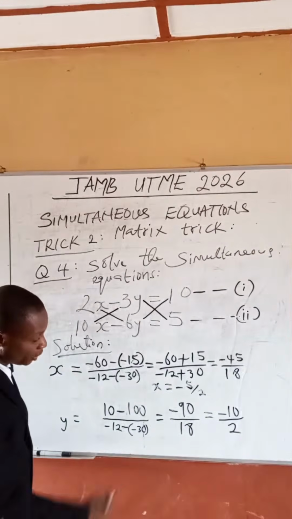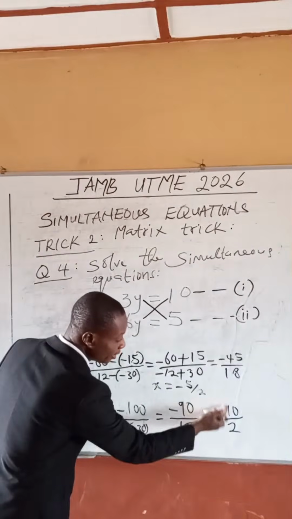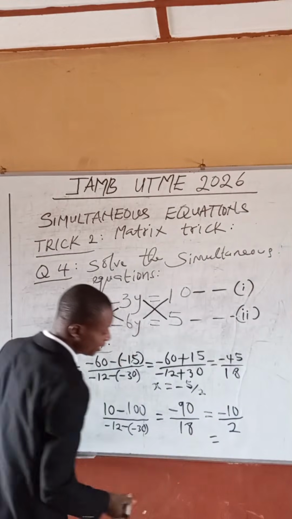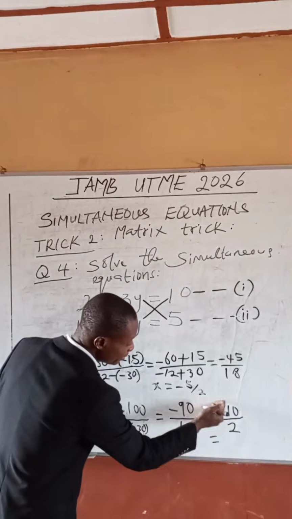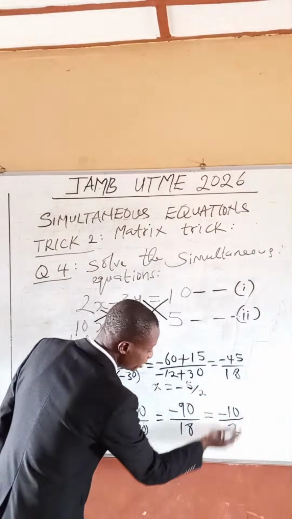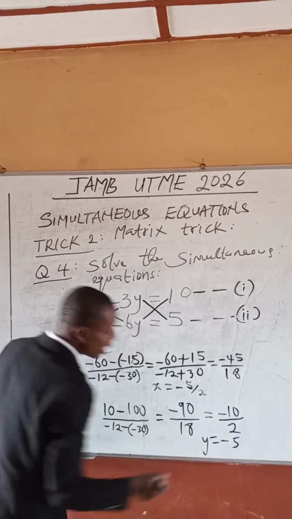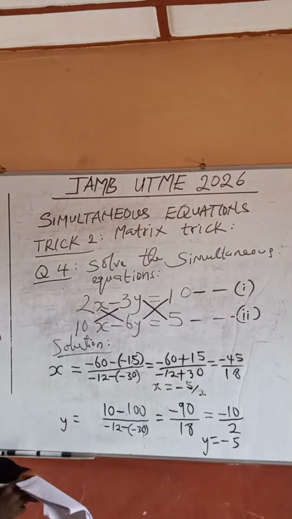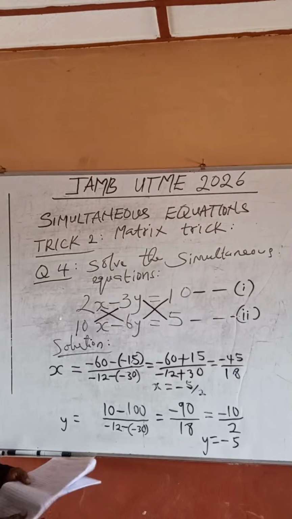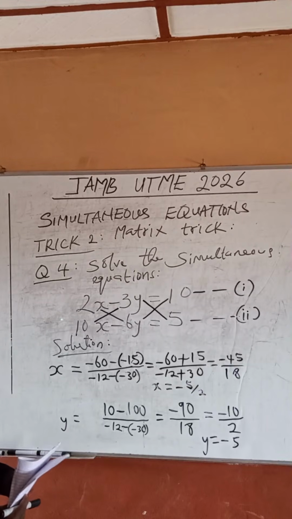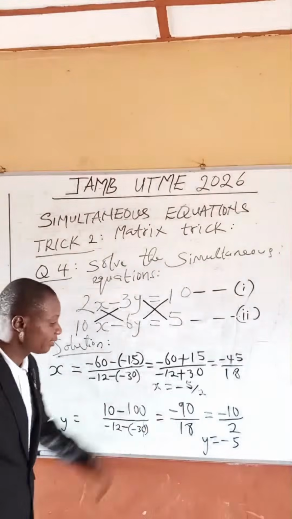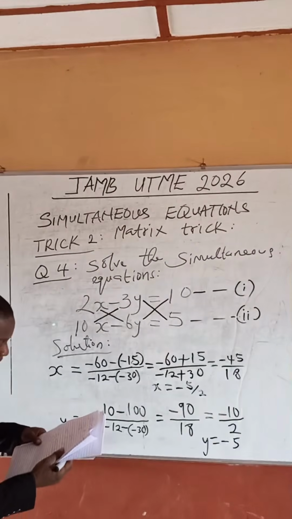But we can see that it can still go, right? So 10 divided by 2 is 5. This is the value for y. Yes, this is the value for y, and this is the value for x. These are the two answers to the question.